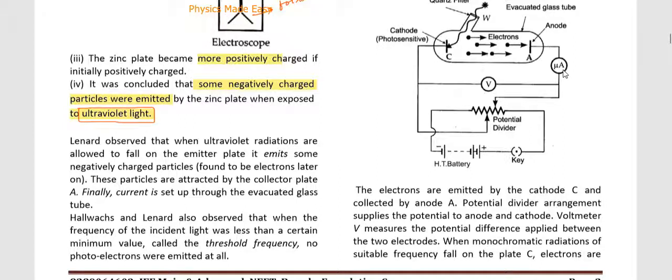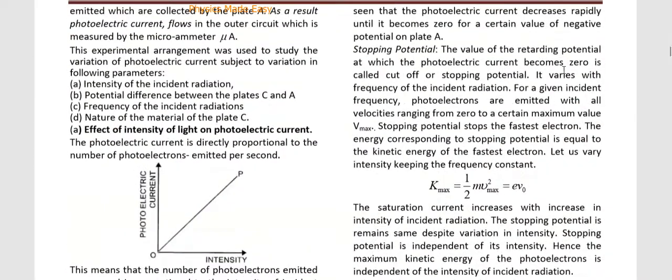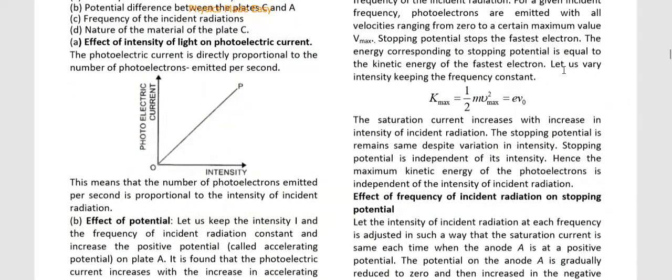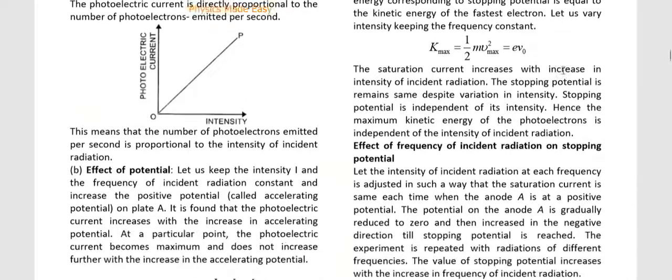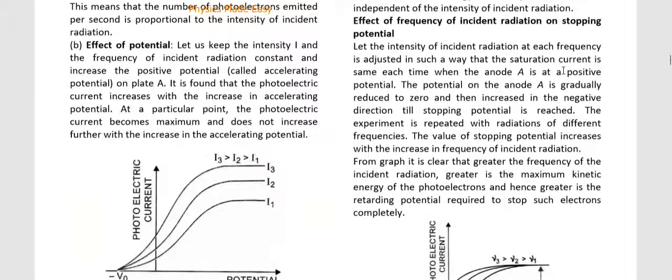So photocurrent is due to the electrons emitted as a result of the fall of light on photosensitive material. Remember, the light should be of suitable frequency such that its energy is more than the work function required. Work function is the minimum energy required to eject an electron without any kinetic energy out of a metal surface.